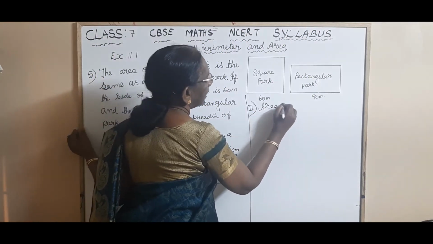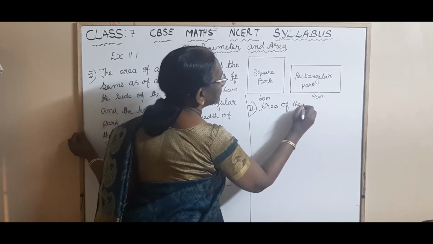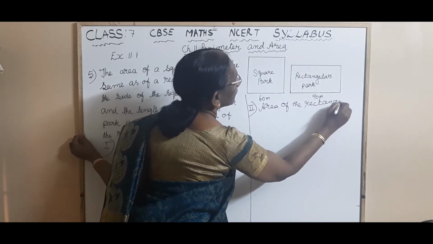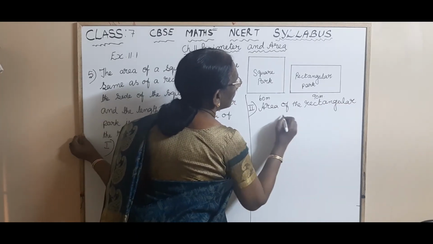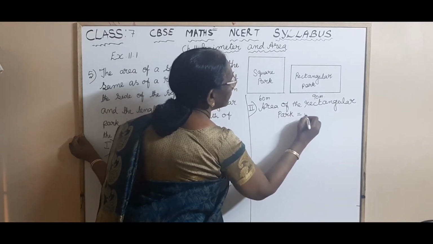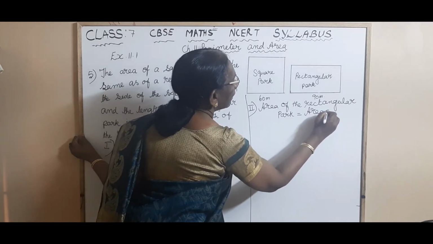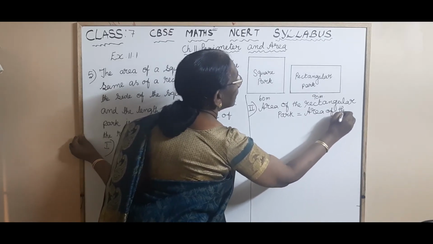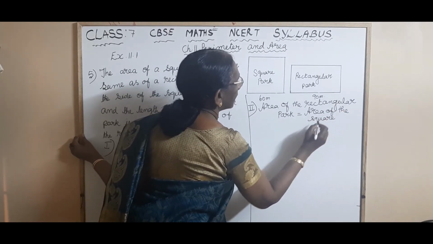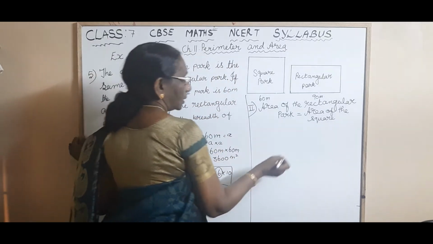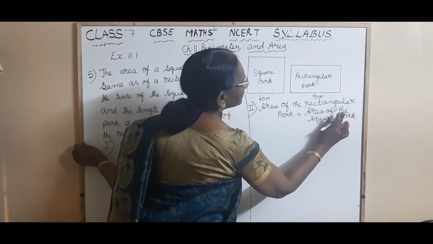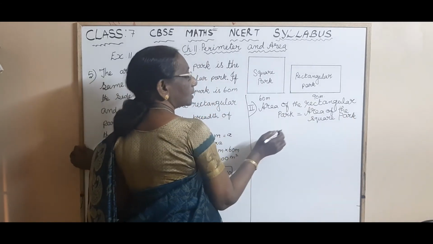Area of the rectangular park is equal to area of the square park. If you write square also, it's okay. What is the area of the rectangular park?